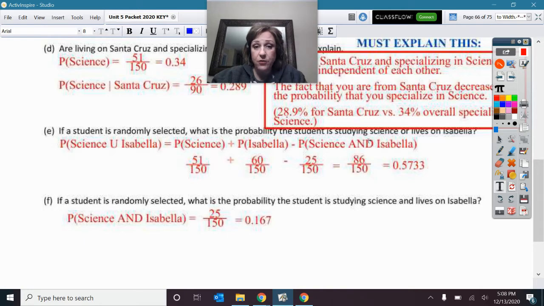So that's what I showed here: the 51 of science plus the 60 of Isabella minus the part that got double counted. And that is how we get that probability. If a student is randomly selected, so this is out of all 150 students, what's the probability the student is studying science and lives on Isabella? That was just that overlap portion, 25 over 150.